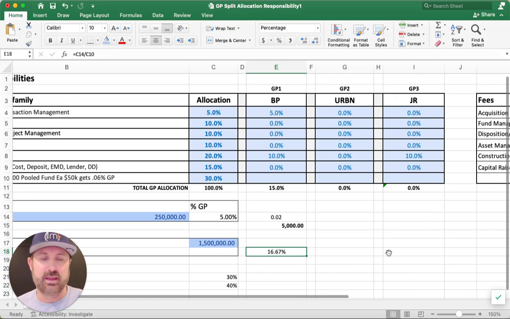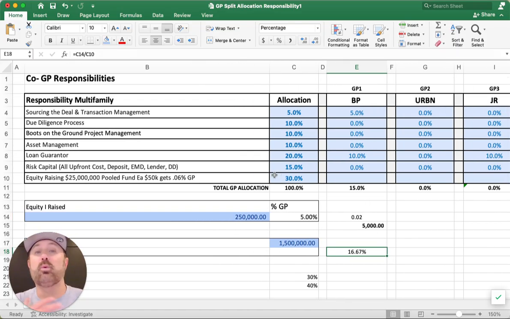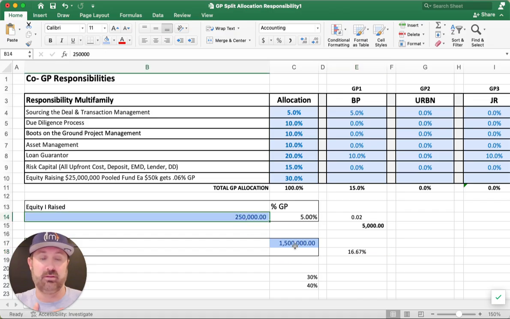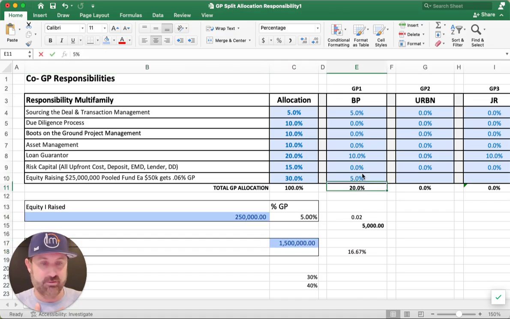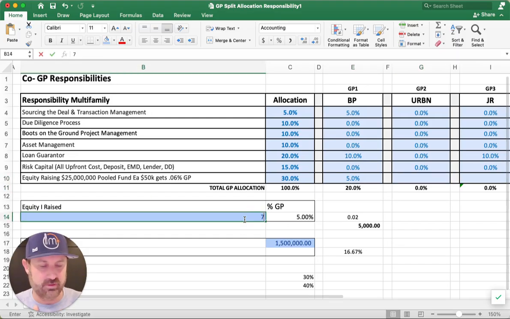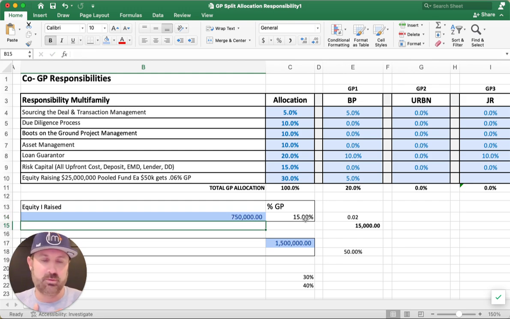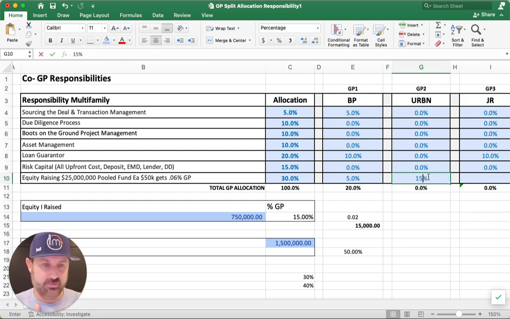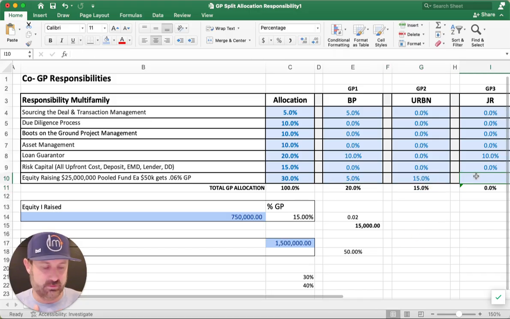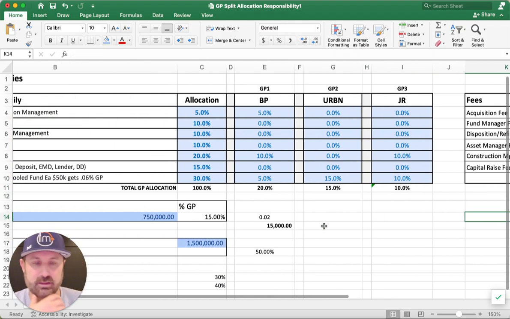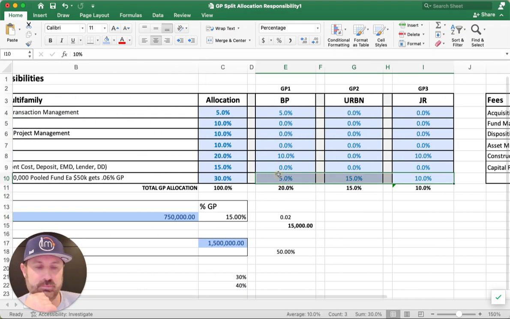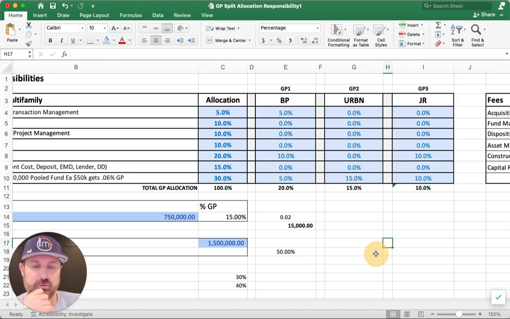So the way you would allocate that, let's say we raised 250 grand of the $1.5 million. Then I would come in here and I'd have 5%. And then let's say they raised 750. They'd get pretty much 15%. Right? So now we've got 20% left, and then 10% goes here. So now that adds up, and it's all 30%. You get the point? And that's how you'll do that.